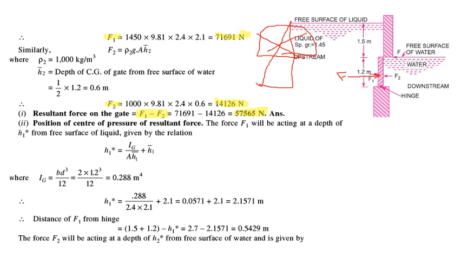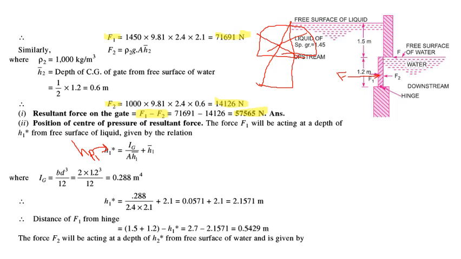We need to use the formula. So HP1, or H1 star. You can use any symbol. Sorry for confusing this with the symbols, but I hope that you will be able to simplify it. You can make your notes and then use a single symbol.